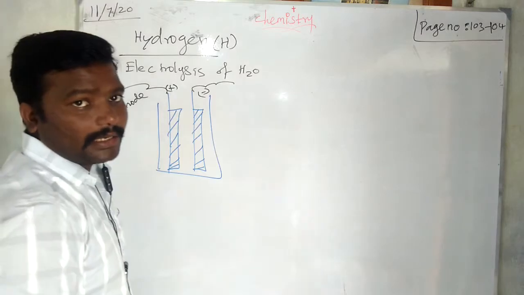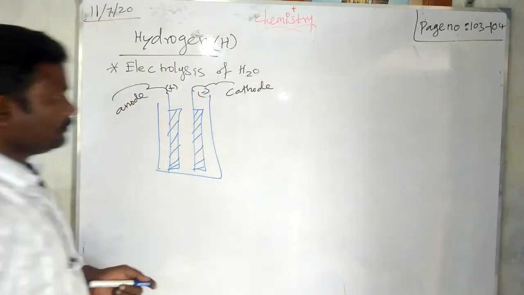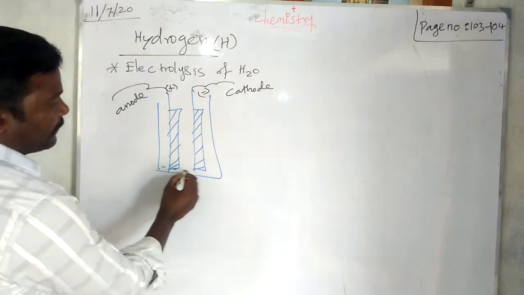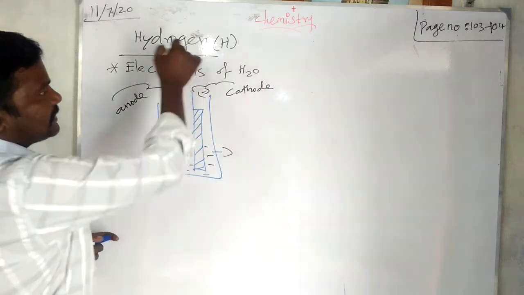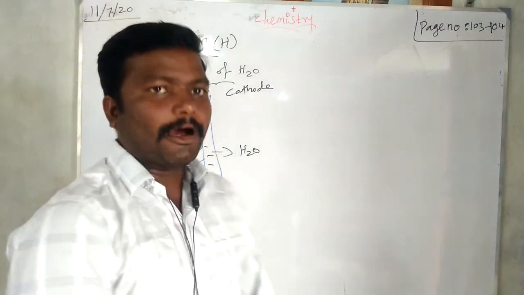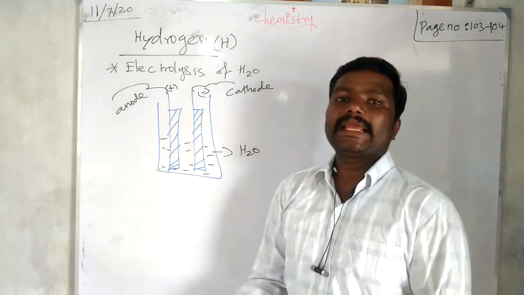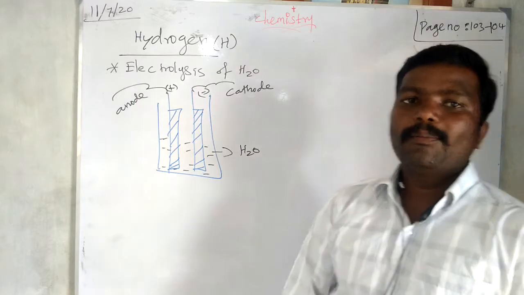Negative charge is called cathode. The solution, we can take in this container. For this electrolysis we are going to take water, not only water, but water containing a trace of alkali or base.